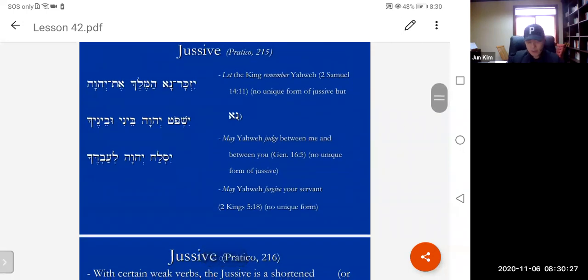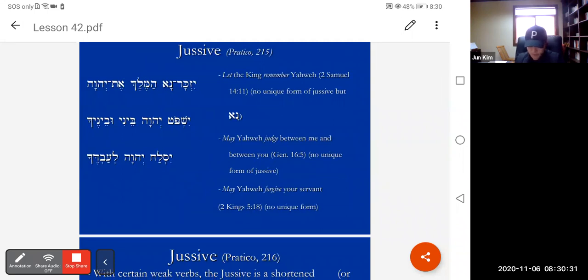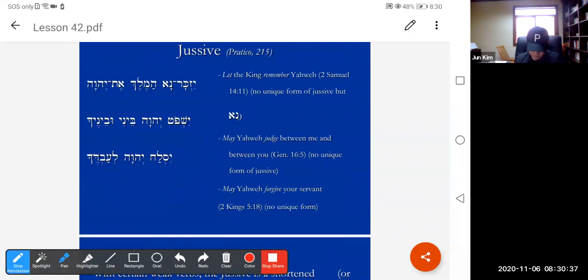As you can see, there are three examples here for jussive. The first one is yizkor, and praise the Lord. You can see na. Unfortunately, this is not a third heh verb, which means we cannot see any clear clue of shortening.